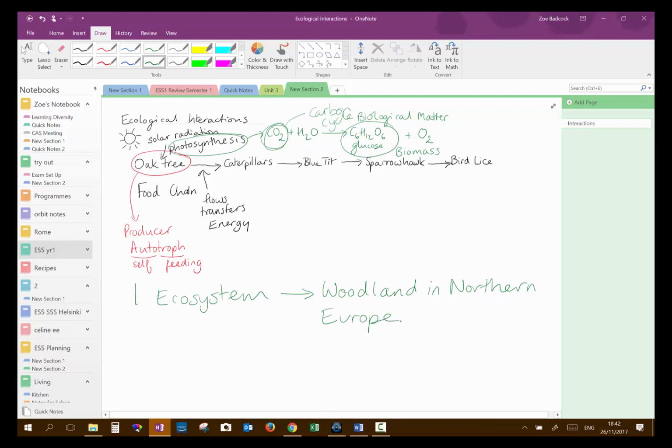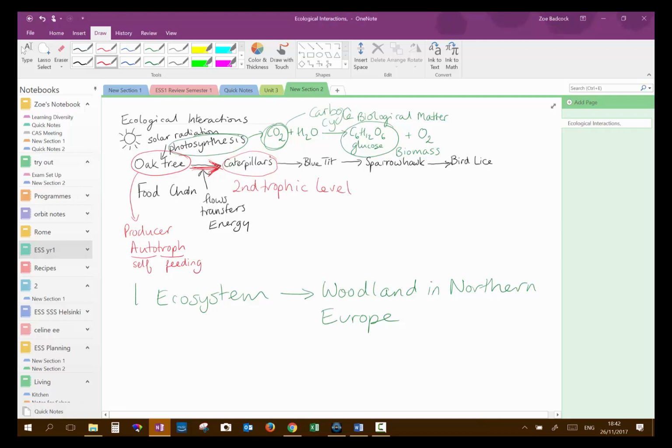So we've now got our biomass in the oak tree, and these caterpillars are feeding. Remember, the arrow is pointing in the direction of that energy flow, and now we're looking at the caterpillars. This is the second trophic level.